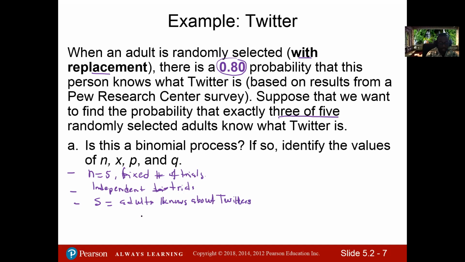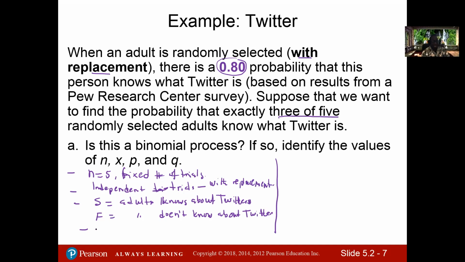And then the failure, we use the capital F, is that the adult doesn't know about trader. The trials are independent because it's with replacement.